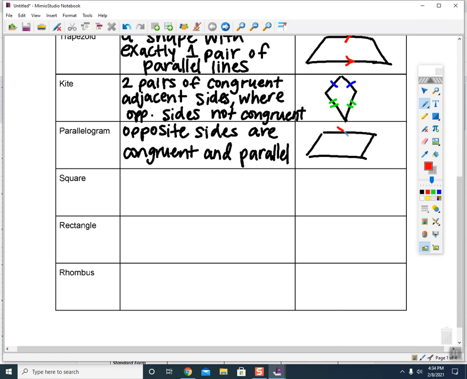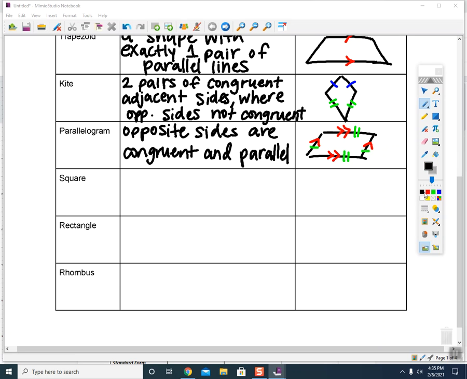What this is telling me is that this is parallel to that. Let's do two. This is parallel to this, and the opposite sides are also congruent. That is a parallelogram. Opposite sides are congruent and parallel. I don't know anything about the angles with this. I'm just looking at the sides. They're going to be congruent and parallel.